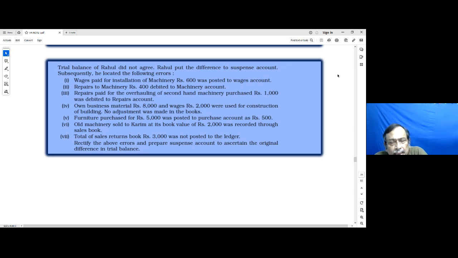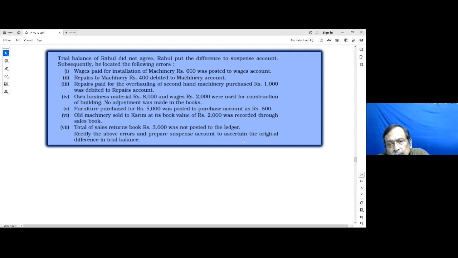Own business materials rupees 8000 and wages rupees 2000 were used for construction of building. No adjustment was made in the books. So we have to bring this in our books of accounts. Furniture purchase rupees 5000 was posted to purchase account. So furniture account will be debited and purchase account will be credited.